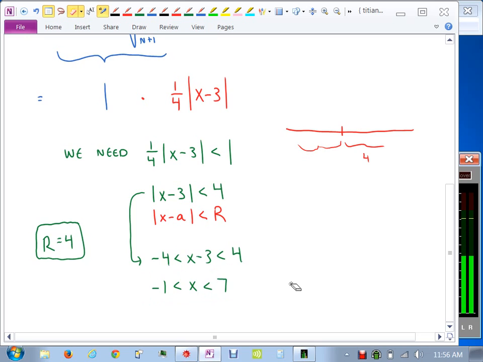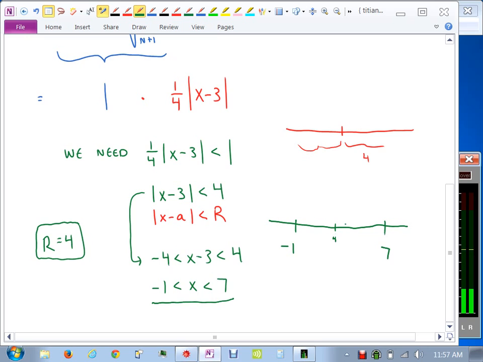We haven't checked our endpoints, right? So far, this is what we've got. I'm going to draw this on a number line so we can see it. We know that if you have -1 and 7, what's right in the middle?